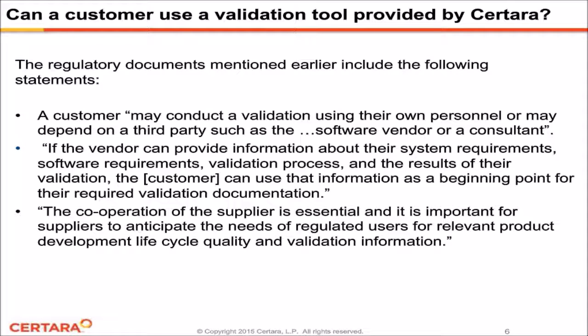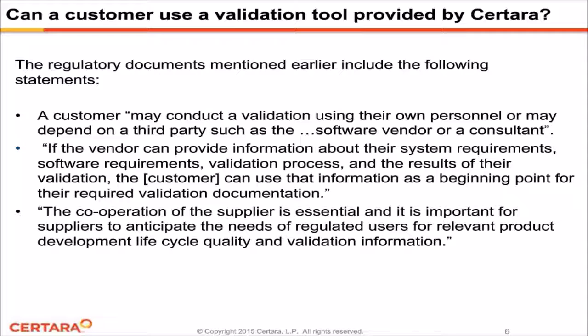Another statement that's made in the documentation is that the vendor can provide information about their system requirements and software requirements, and then the customer can use that information as the beginning point for their required validation documentation. So again, that's why we provide those validation process deliverable document templates as part of the validation suite.